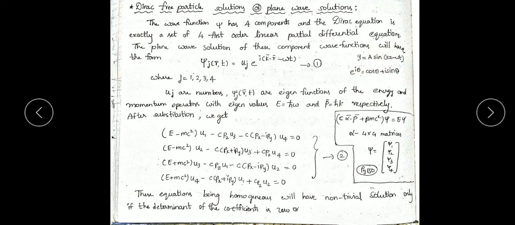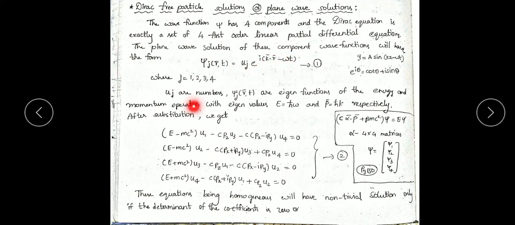So in the place of sine we are writing e power i theta, the sine wave function form, with kx minus omega t.